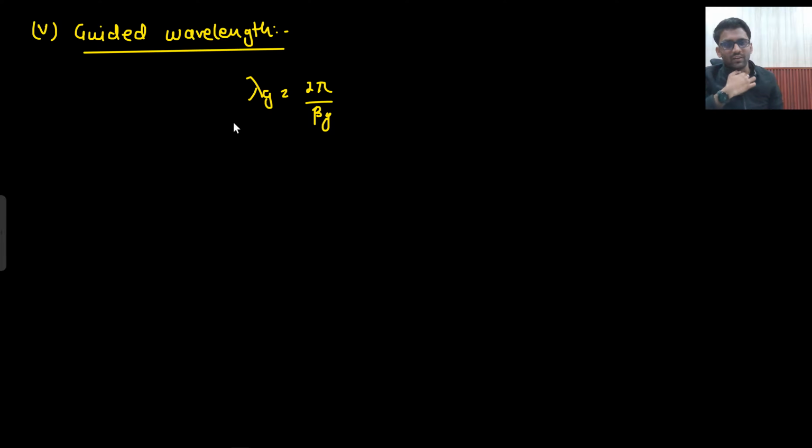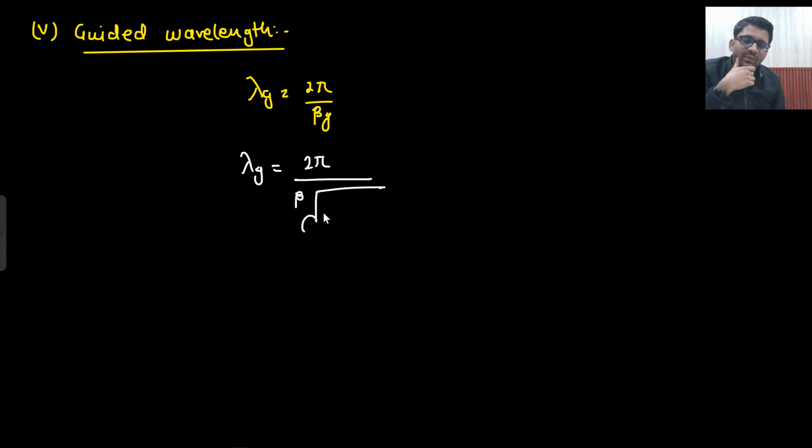So the beta g formula we have seen. Let's see the guided wavelength now. What is wavelength? Lambda is 2 pi by beta, but we are finding the guided one, that means inside the waveguide. So lambda g would be equal to 2 pi by beta g. What is beta g? Beta g is equal to beta into under root 1 minus fc by f whole square.